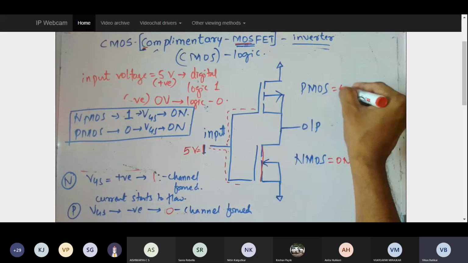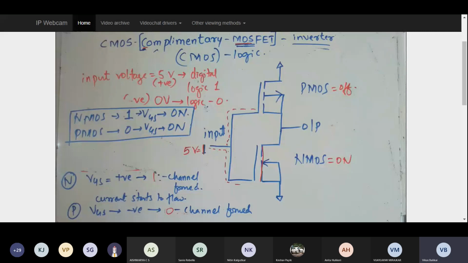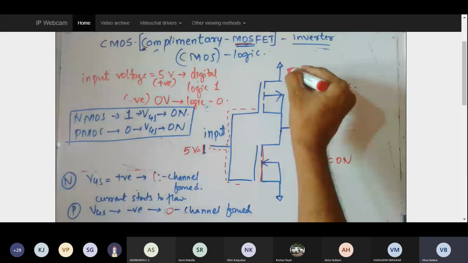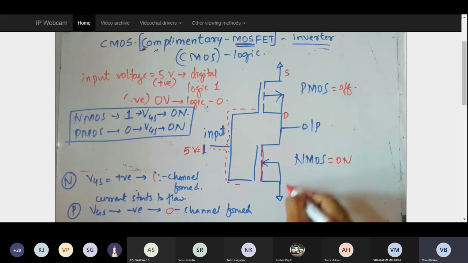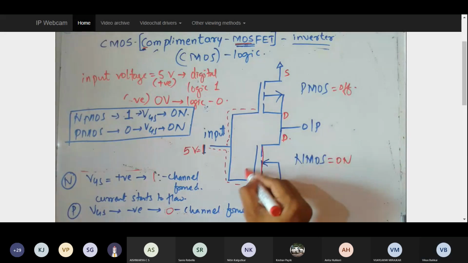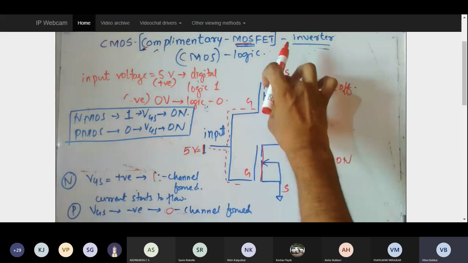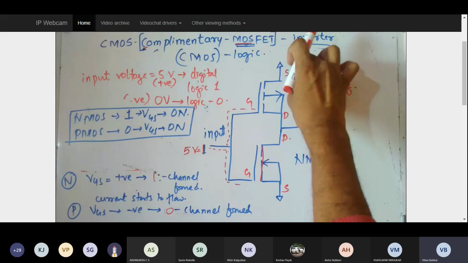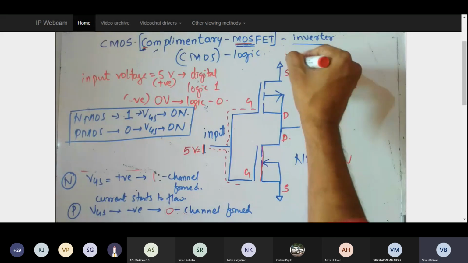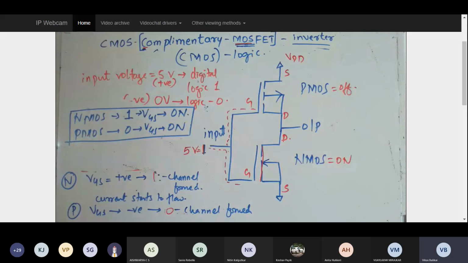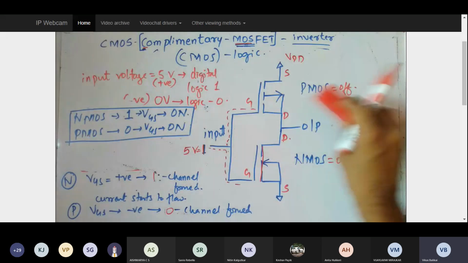And when the device is off, there is no channel. This is my source, drain, and this is my gate. If the channel is not formed, then however much voltage I give, nothing is going to flow. Yes or no? So can I say it is behaving as an off switch?